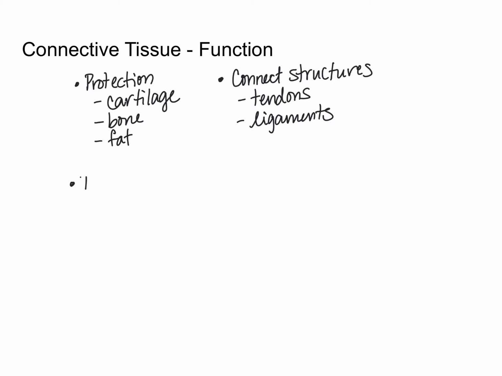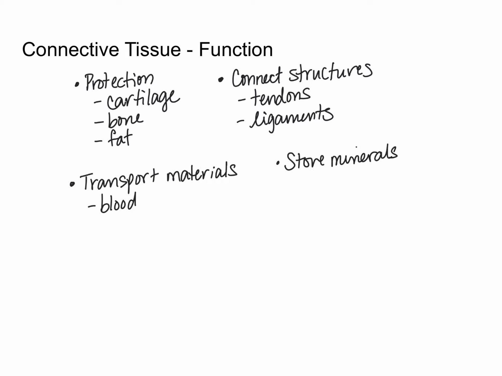Connective tissue can transport materials. For example, the blood can transport nutrients and waste products and just kind of other stuff like proteins and hormones around the body. Connective tissue can store minerals. For example, the bones store calcium.